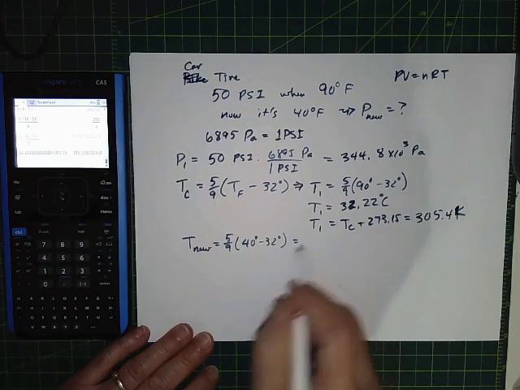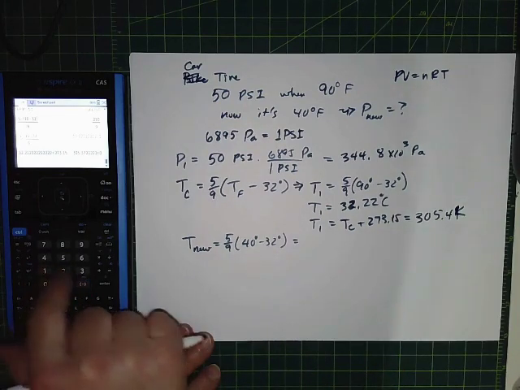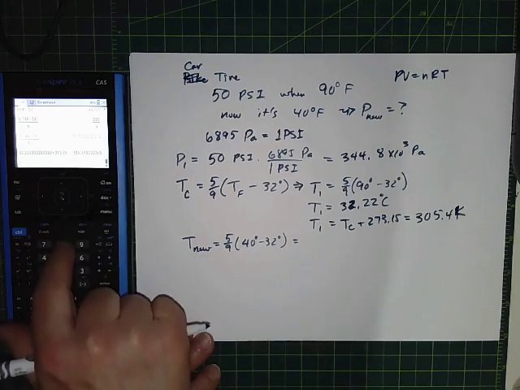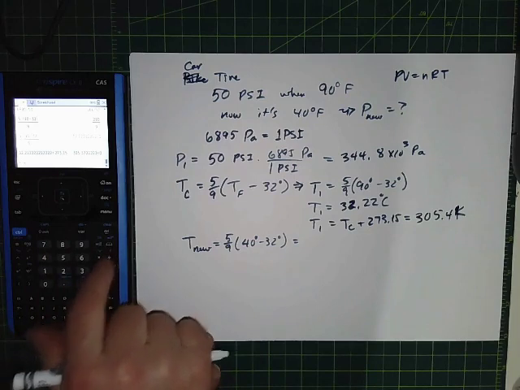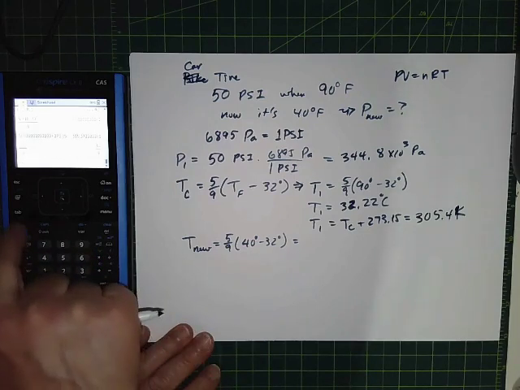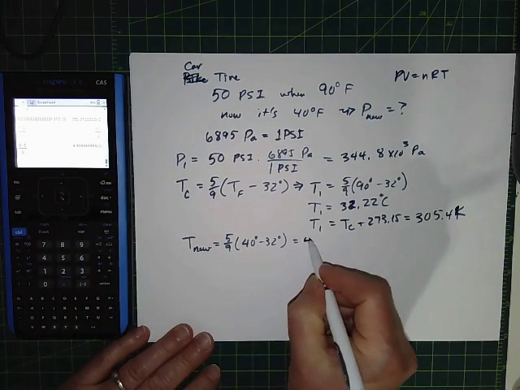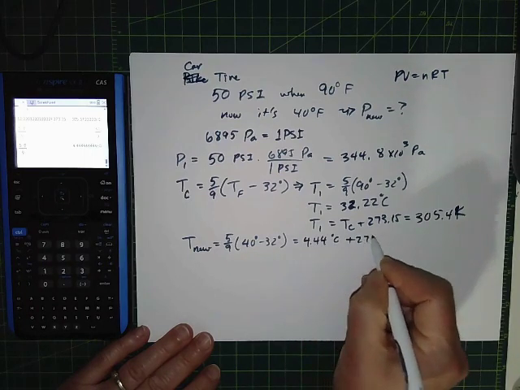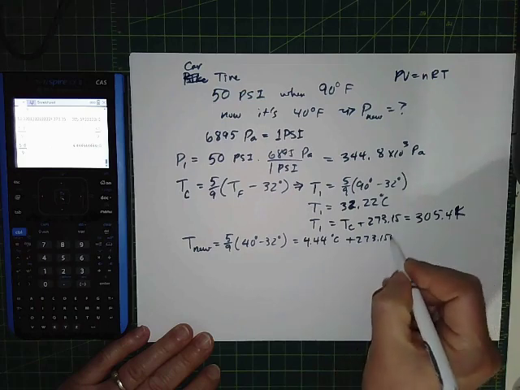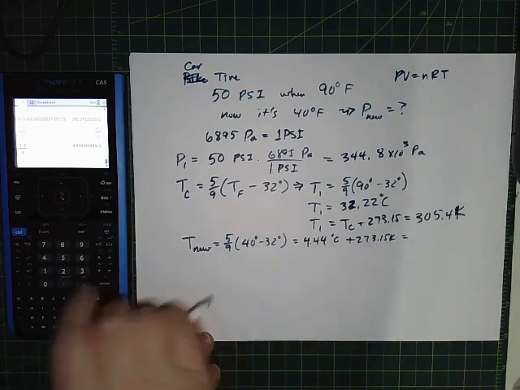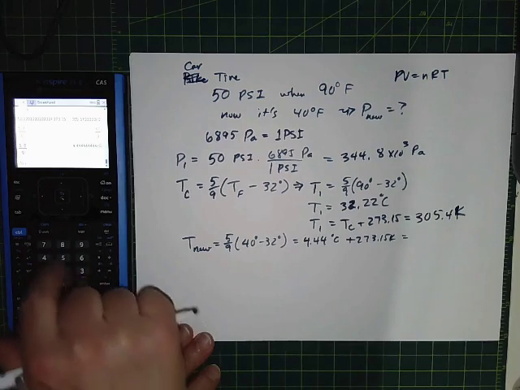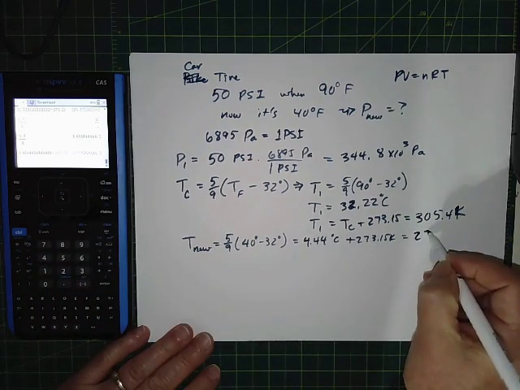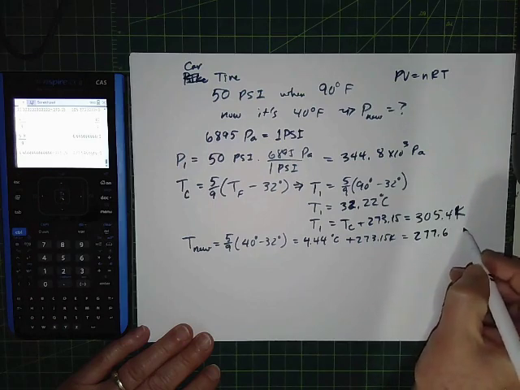So 5 times 40 minus 32, which is 8, divided by 9, is 4.44 Celsius. So add 273 and we get 277.6 Kelvin.